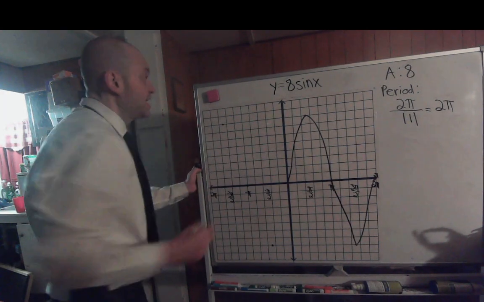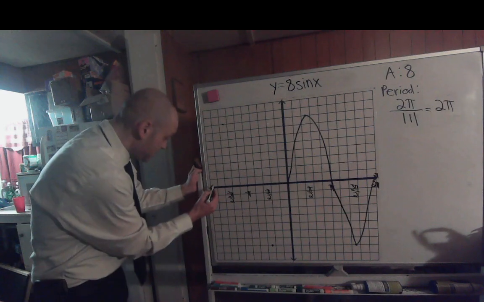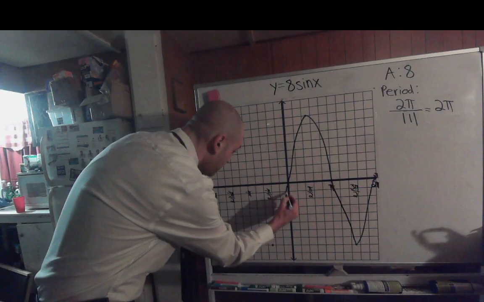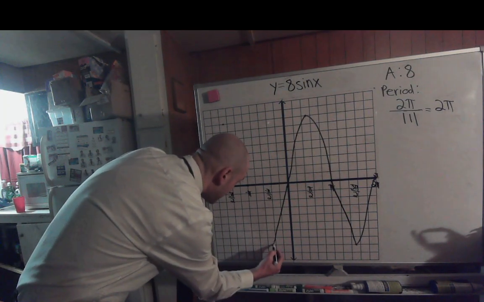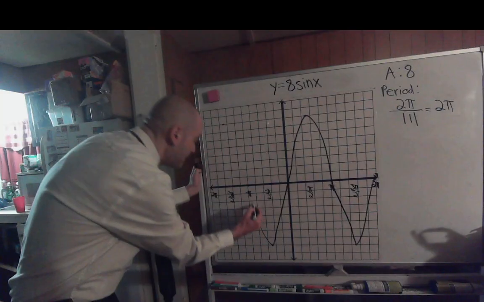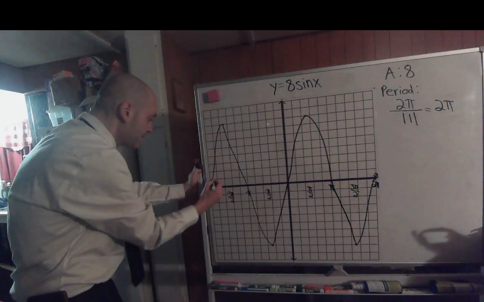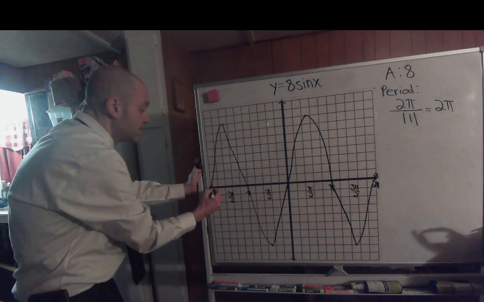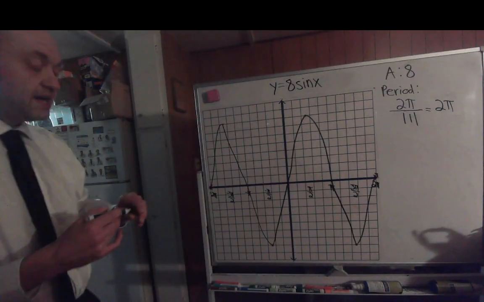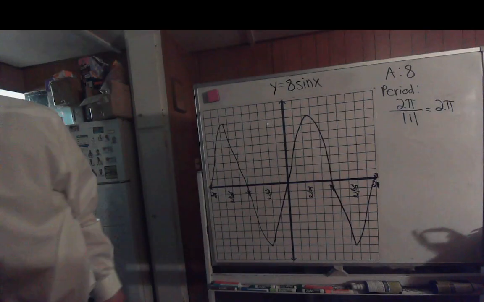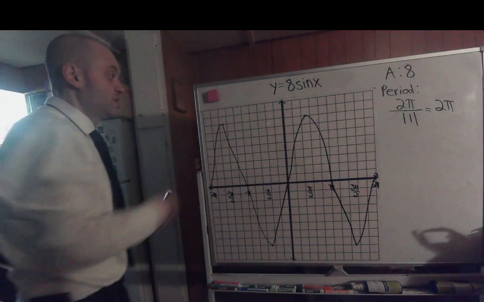And then the sine of negative 2 pi, 0 times 8 is 0. So let's draw this all the way down here. As you see, that is a nice big vertical stretch with an amplitude of 8. That is huge.